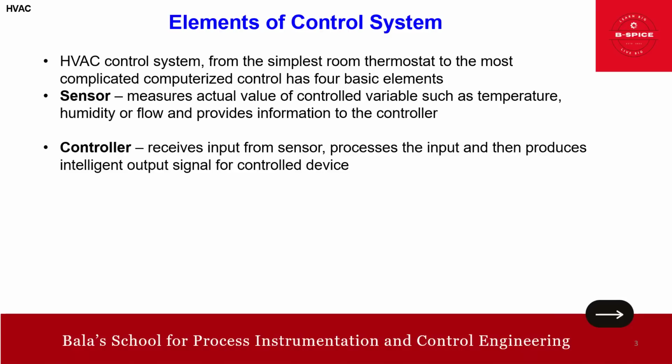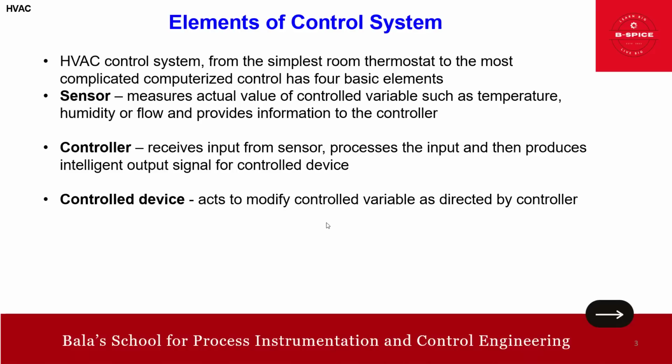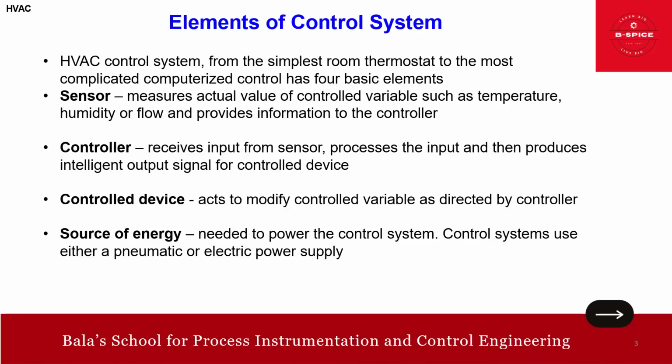Then the controller receives the input from the sensor, processes the input, then produces intelligent output for the controlled device. The controlled device acts to modify the controlled variable as directed by the controller. Then of course the source of energy. This is needed to power the control system. Control systems use either a pneumatic or electric power supply. So these are the elements, very basic things.